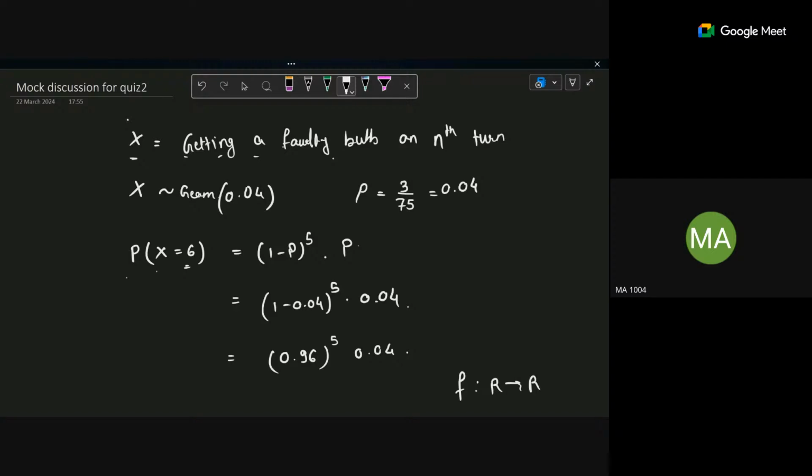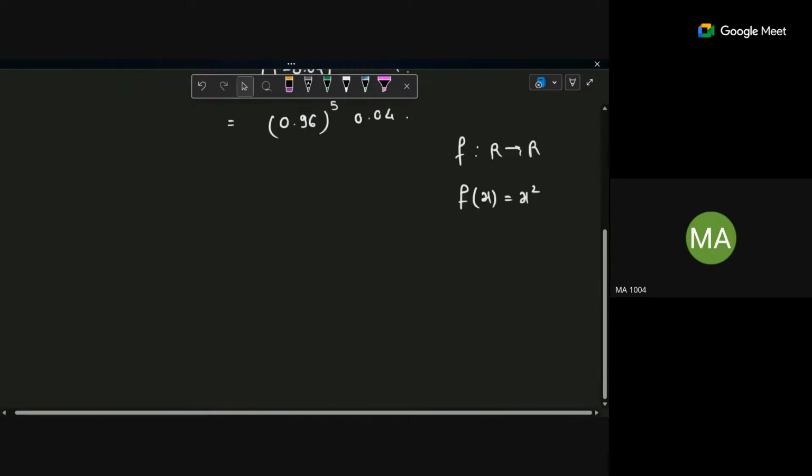So probability X is equal to 6 is the probability of getting a faulty bulb on the 6th turn, right? That's the definition of the random variable I was talking about.